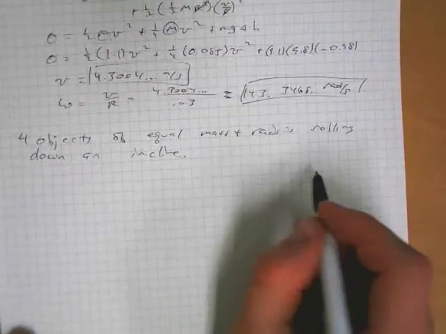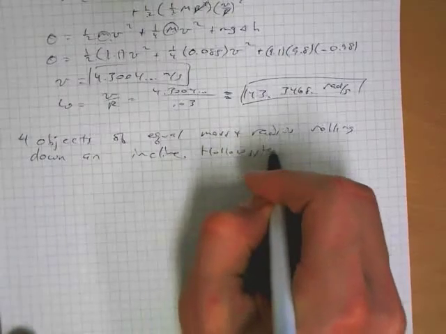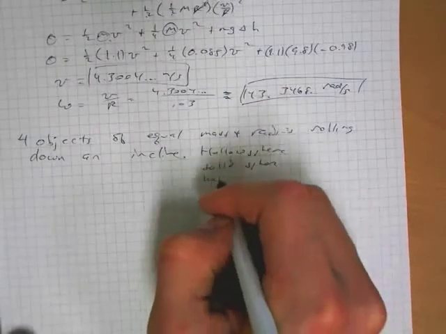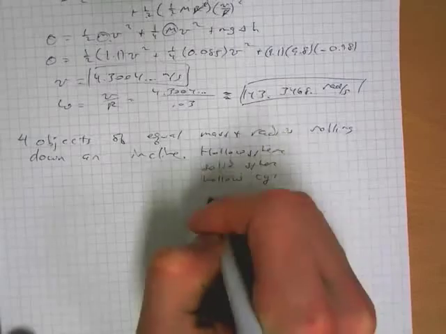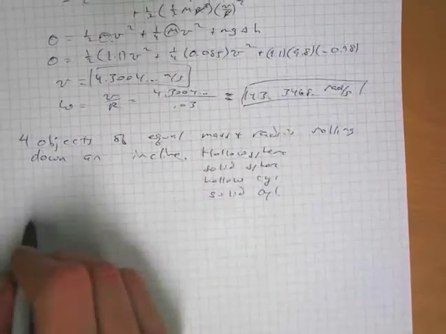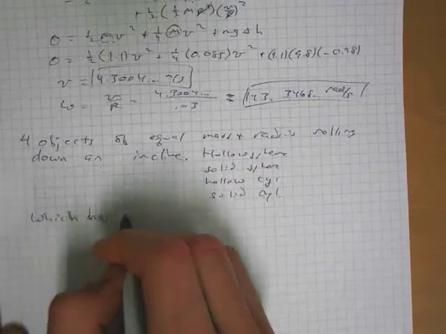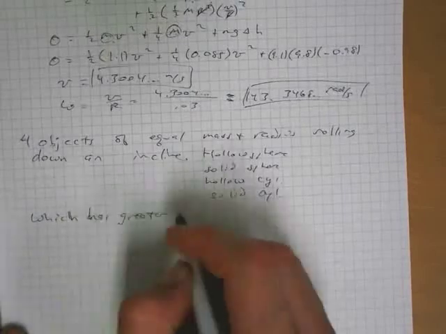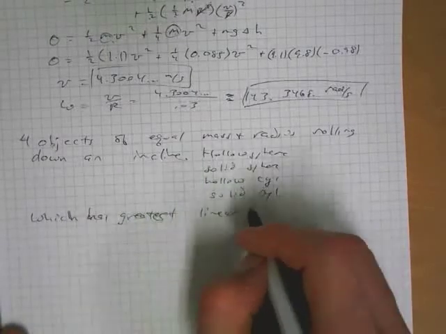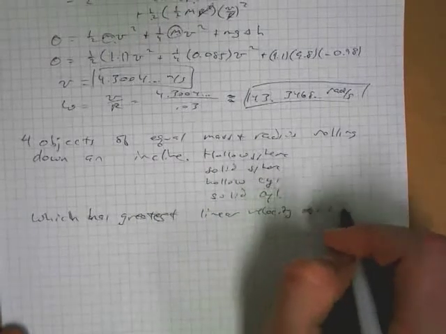And those are a hollow sphere, solid sphere, hollow cylinder, and solid cylinder. And then my question is, which has the greatest linear velocity at the bottom of the ramp?